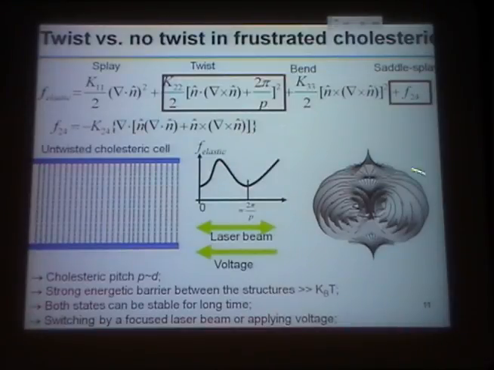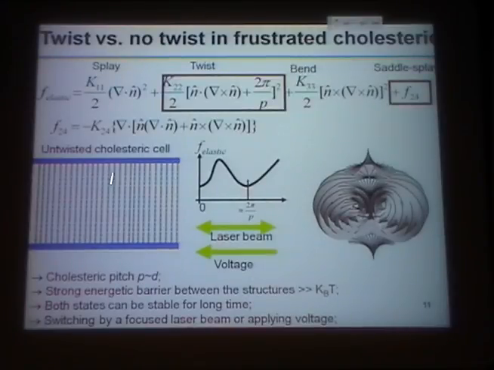In the case of this Toron configuration, in addition to twist, which is favorable, the liquid crystal would like to have twisted configurations over distances comparable to the cholesteric pitch, right? But in addition to those distortions, we also have topological defects and bend and splay distortions, right? And so therefore, because of competition between all those different terms that all want to be minimized, we can have two local minima.